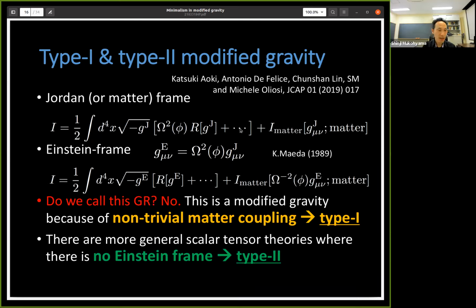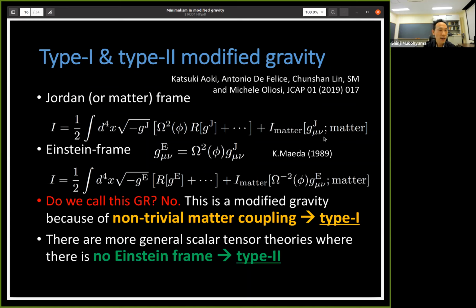But the important point is that the matter action is written in terms of matter fields and this metric. So the scalar field doesn't enter here if we use this metric. This is the reason why the so-called Jordan frame is often called the matter frame. So the matter action is simple.